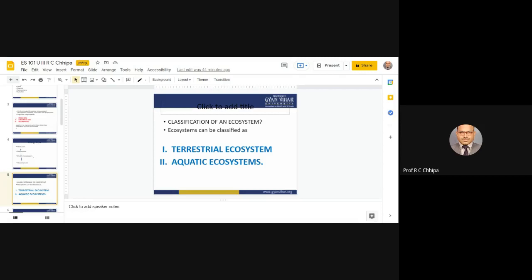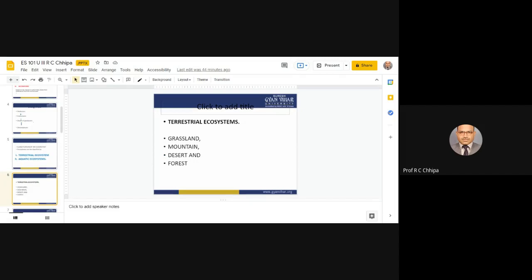So microorganisms also play an important role in the ecosystem. So based on the earth, the ecosystem is the terrestrial type, and based on water, the aquatic type. There are various examples of the terrestrial ecosystem.